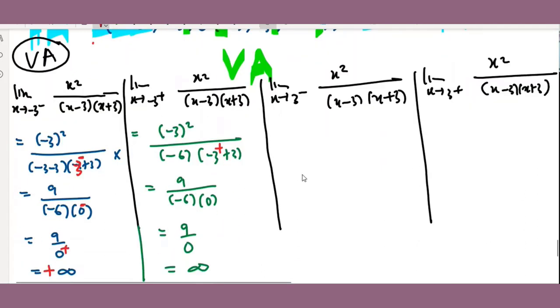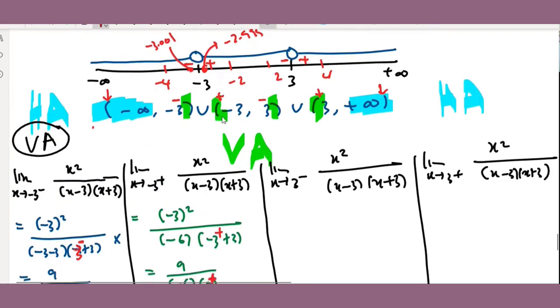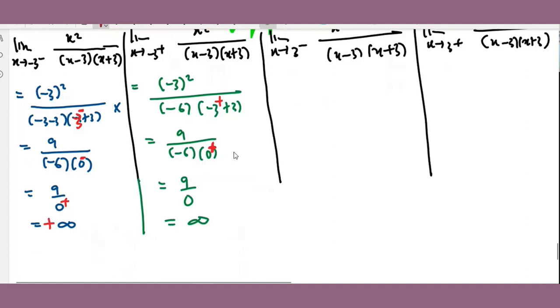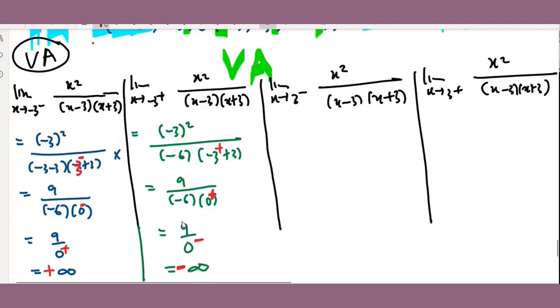Checking again, negative 2.99 gives negative, positive, negative, so the result is negative infinity.